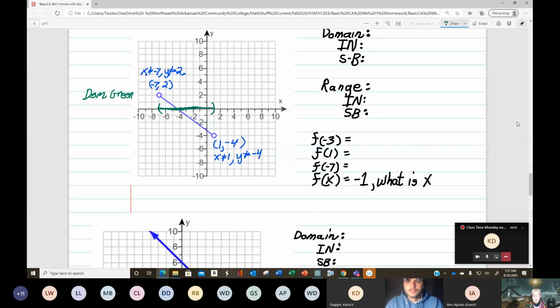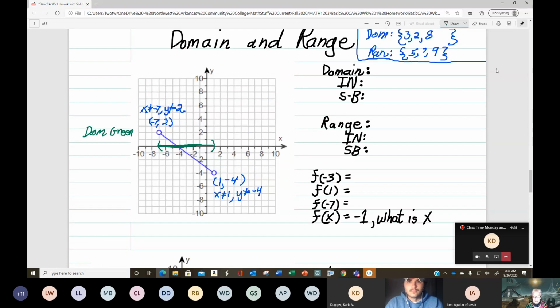Okay, so let's go back up here to domain. The interval notation, like yesterday, is going to be parenthesis, -7, comma, 1, parenthesis. Only that's way too big, so I'm going to erase it and do it again.